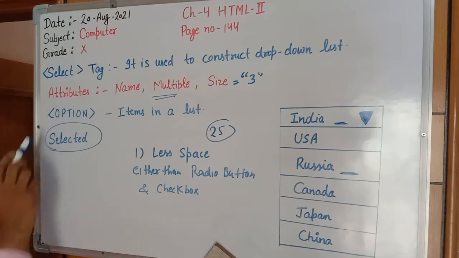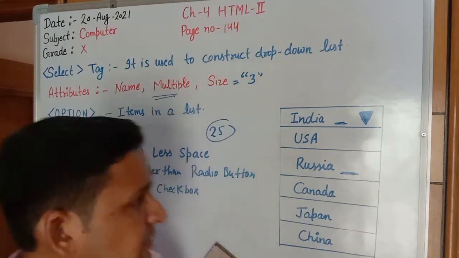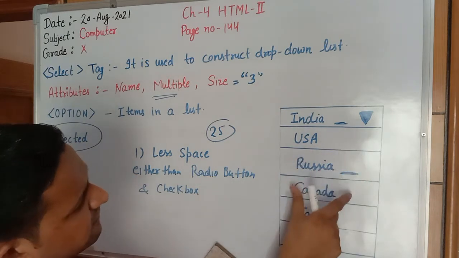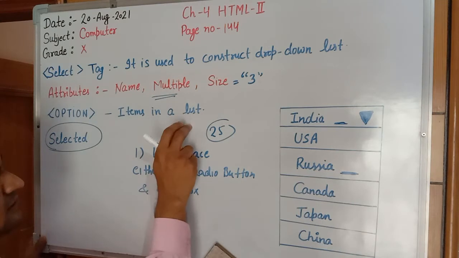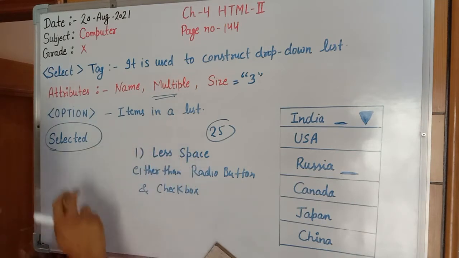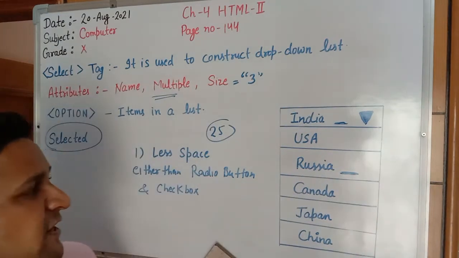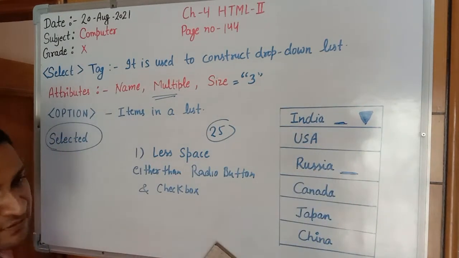The option tag is used to enter the values that we want to give in an item, to enter the item list. And the selected attribute is used to make the selection automatically. If we use selected, it will automatically select the specific item.